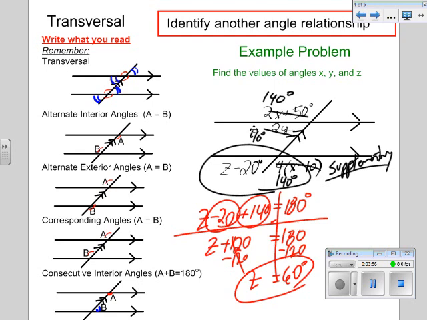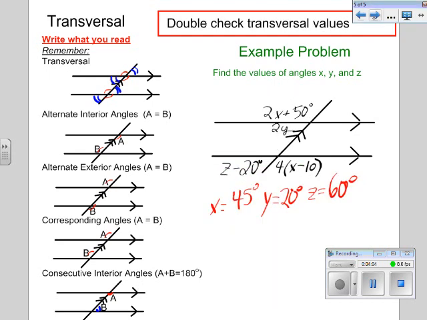All right. Now we can plug that back in. 60 minus 20 is 40 degrees. A final thing you should typically do with transversals is double check that everything matches the way it should, because transversals have a lot of related variables.